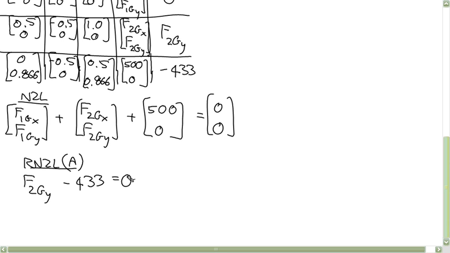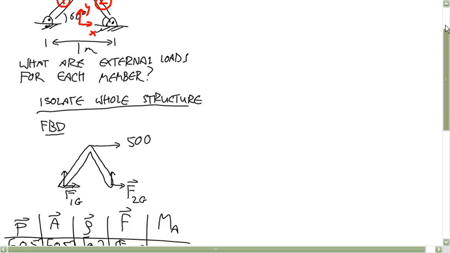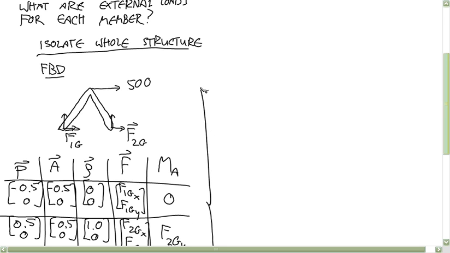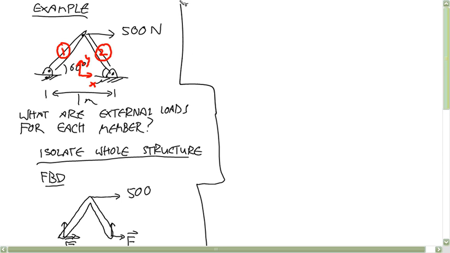Okay, so we have 3 equations, 4 unknowns. We can't solve it. So now what? I mean, in general, mathematically, we need more equations, or we need to decide we don't care about one of these variables. Yes, exactly. So to get more equations, we're going to just look at one of these members on its own, okay?